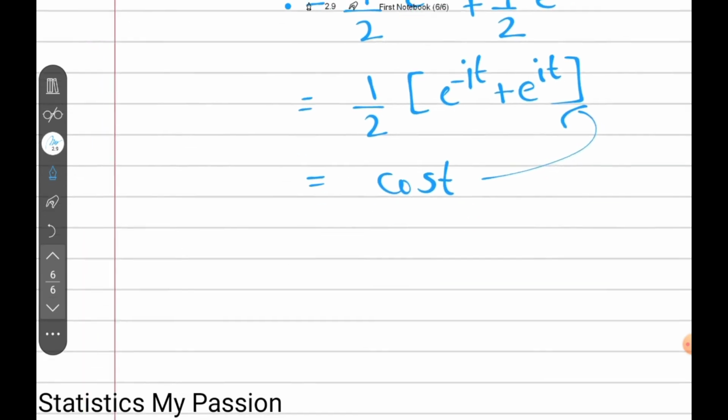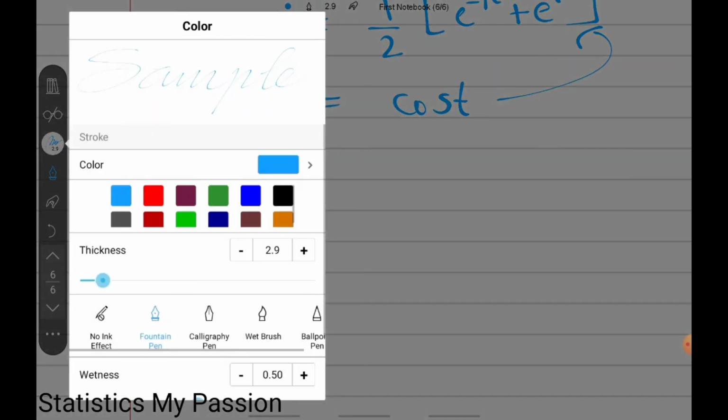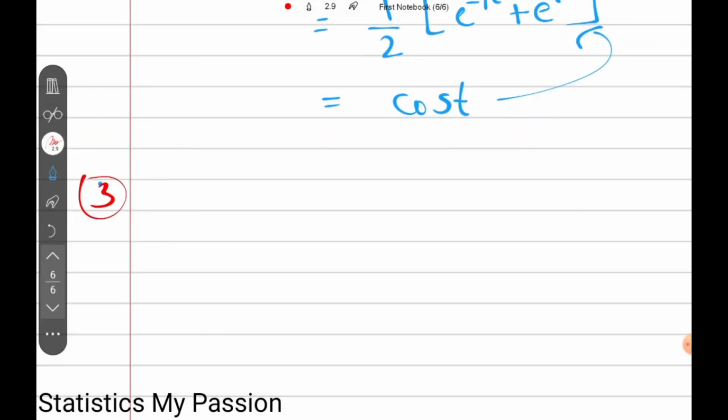And now the third question is that the random variable X has a rectangular distribution.